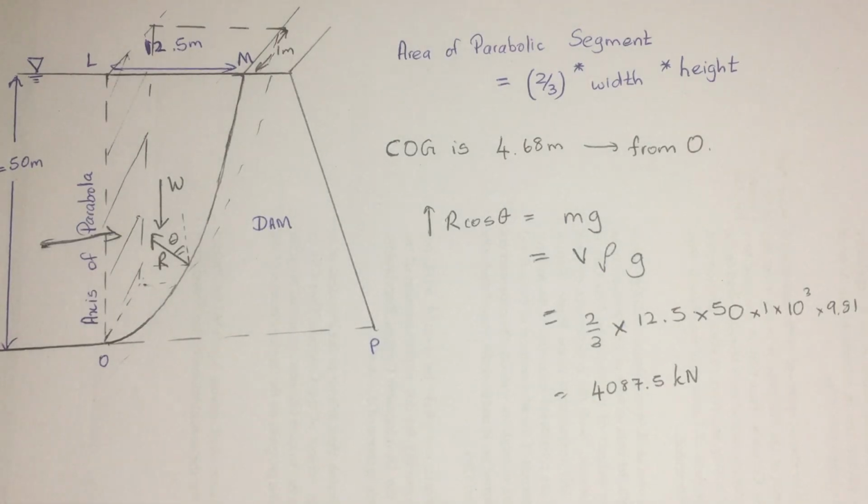So the next step is we are going to find the horizontal component of that hydrostatic thrust per unit length by that dam.